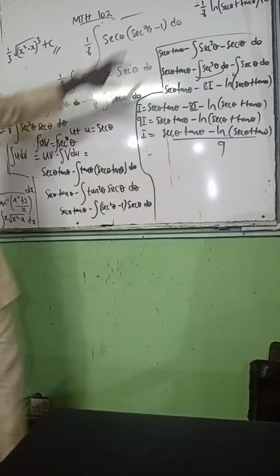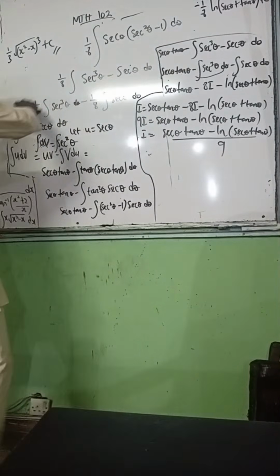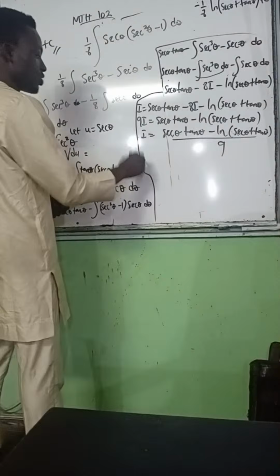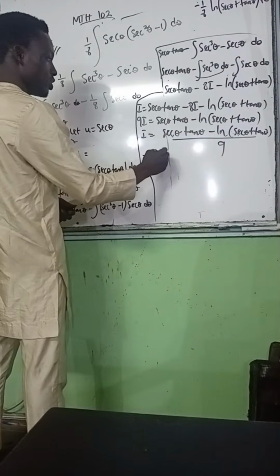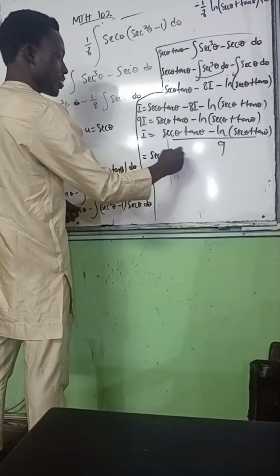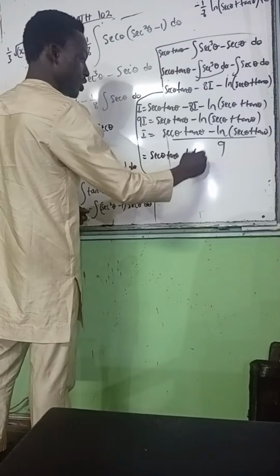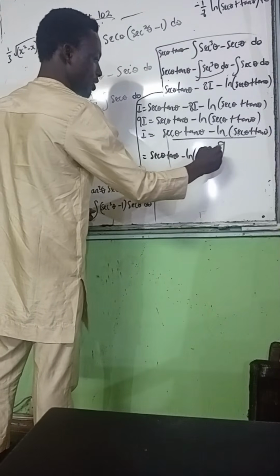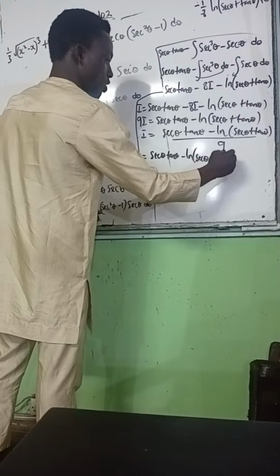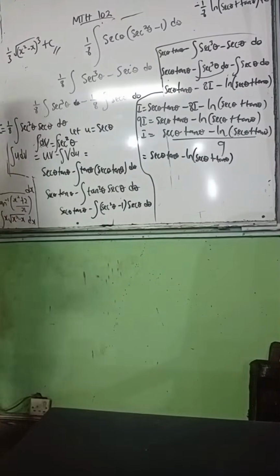What do we get as this then? Everything here, the integral will give us sec theta tan theta minus ln|sec theta plus tan theta|. Which sign? It's minus, minus the integral of sec.